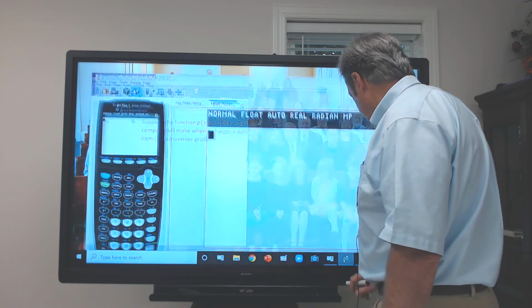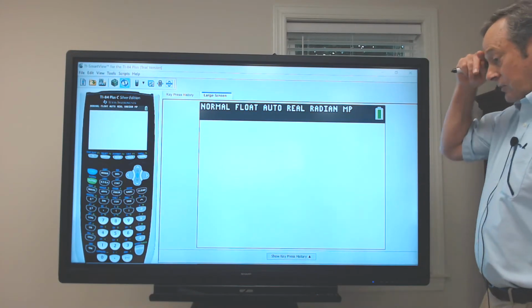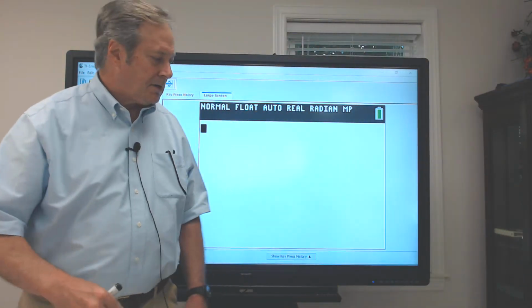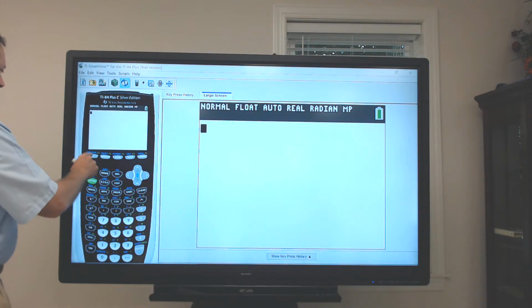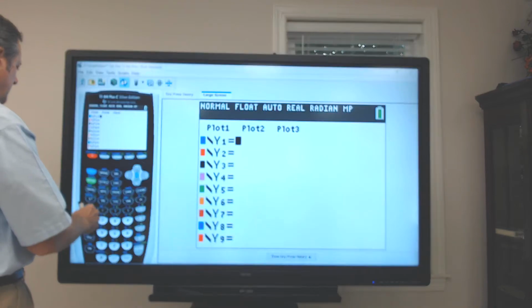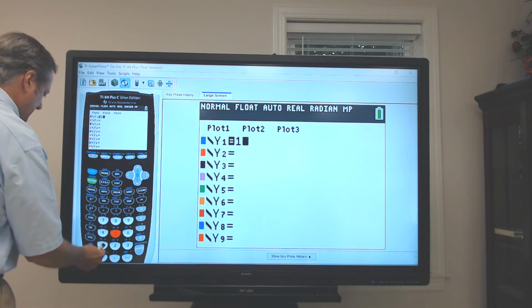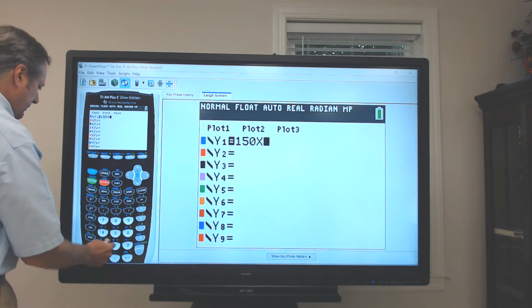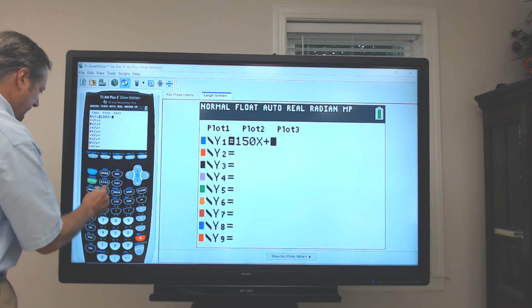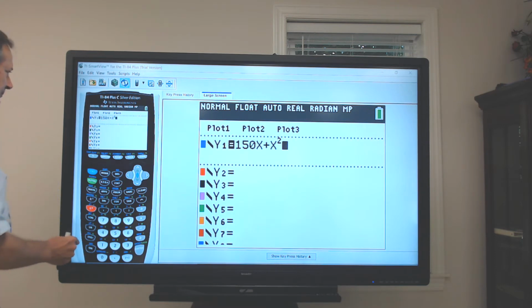There it is. Okay, so I want to go to the y equals menu and type in 150x plus x squared.